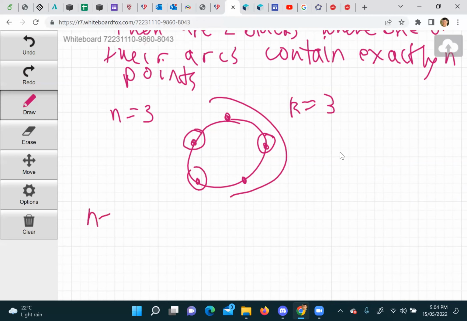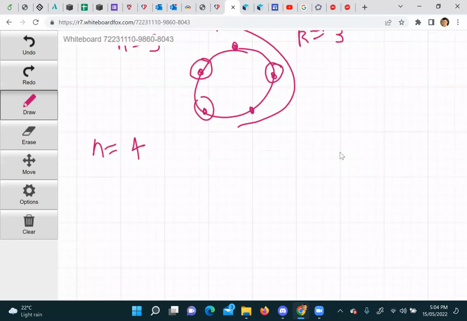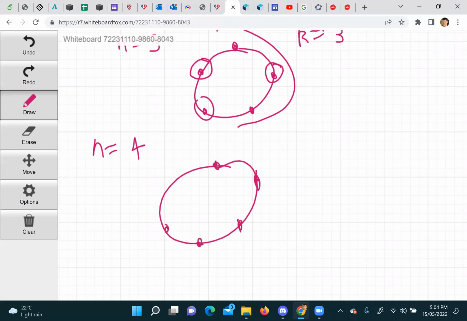So if n equals 4, you have 7 points. Pick this one, and you need it to be 4. Basically, if you have any two across from each other, then you're done.